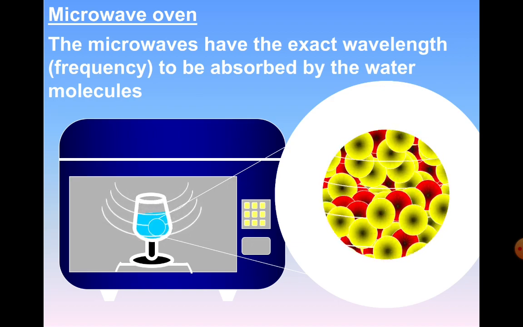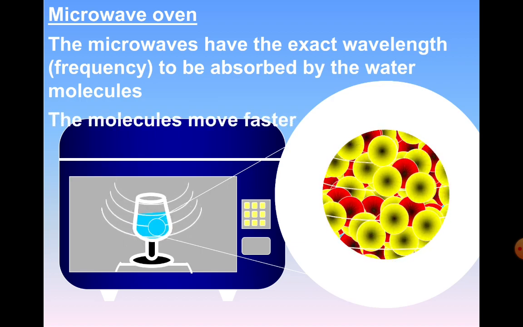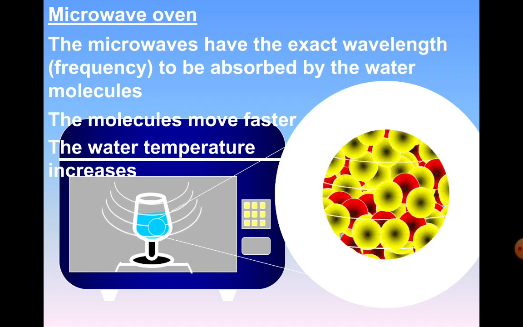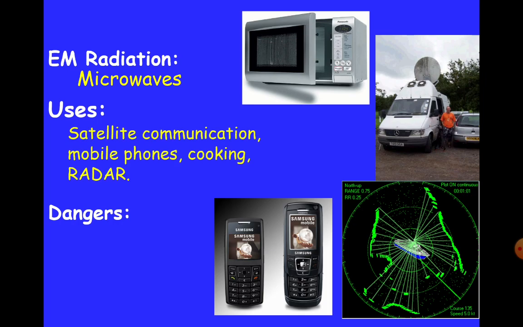So they have the exact wavelength that can be absorbed by the water molecules. The water molecules are going to move faster and the water temperature increases. Now, some uses of microwaves are satellite communication, mobile phones, cooking, and radar.